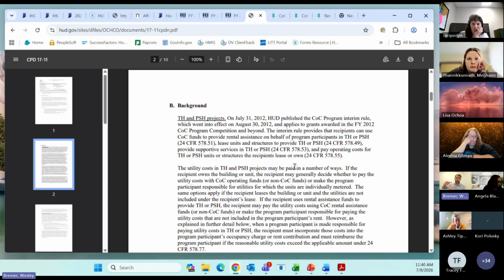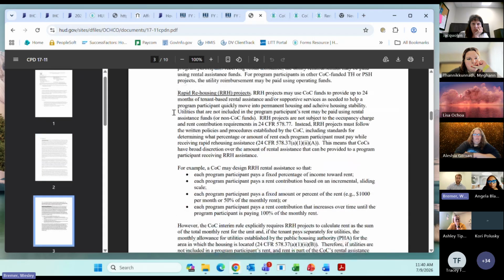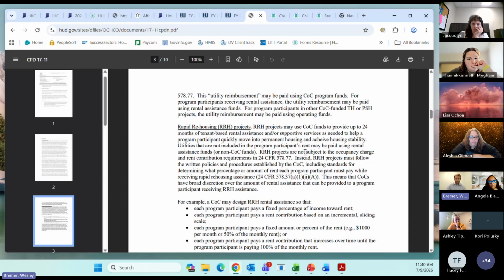So it's a rundown of operating costs, leasing, and rental assistance. And HUD gives you the TH and PSH perspective on this question, and then the rapid rehousing project. So I found these 2 pages to be very instructive.